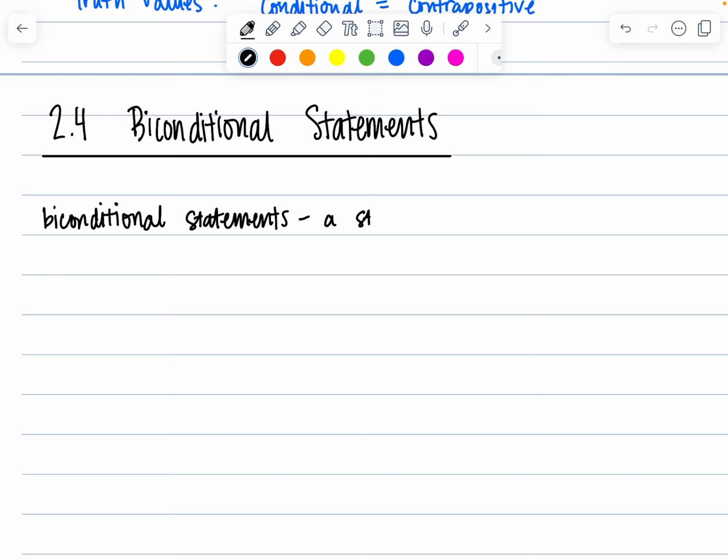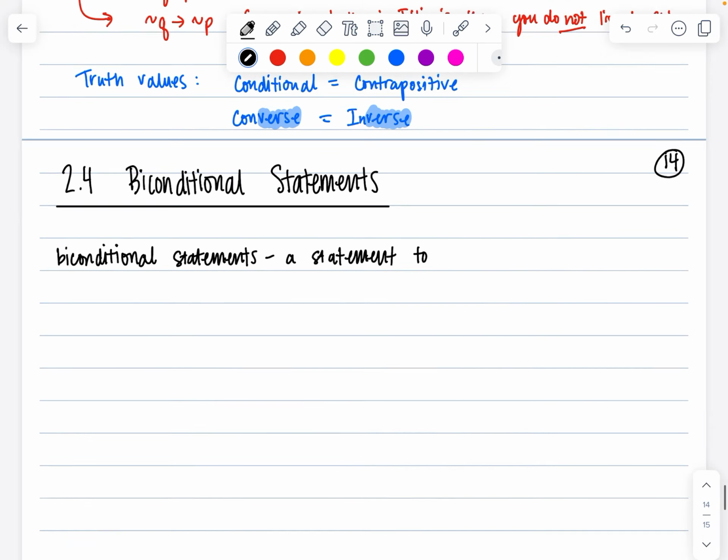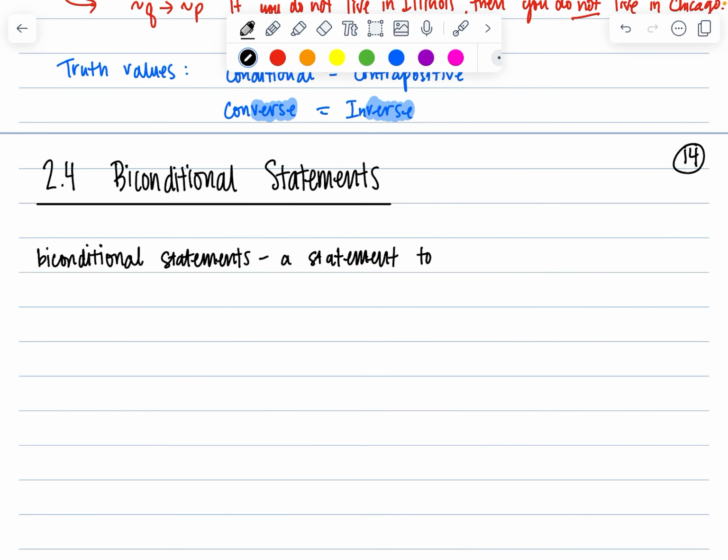It is a statement equivalent to a conditional statement and its converse.